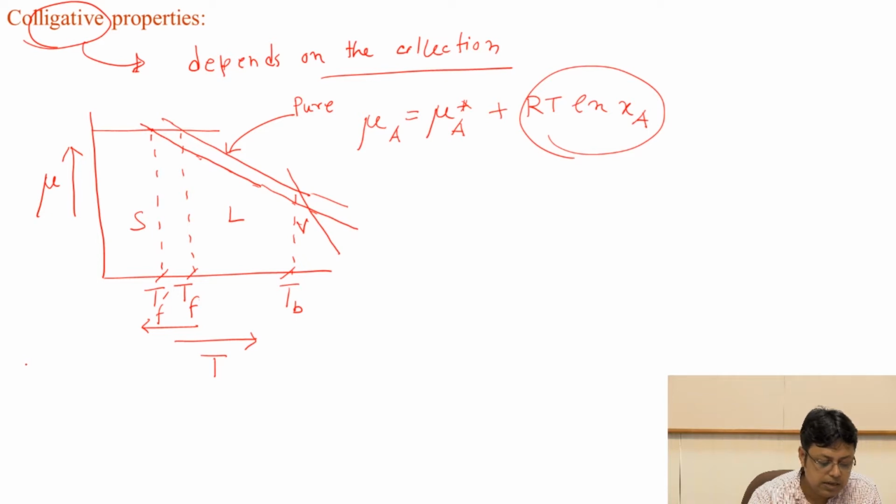So we see that we have a freezing point depression. Depression means it is lowering down, it has been lowered. So this phenomenon is called freezing point depression.